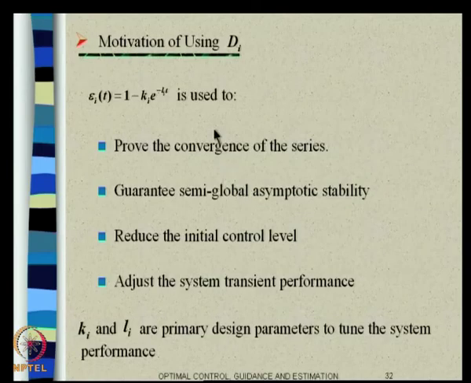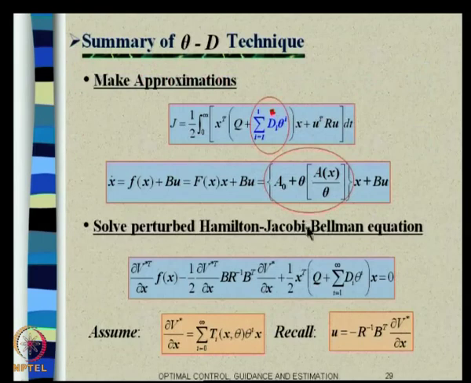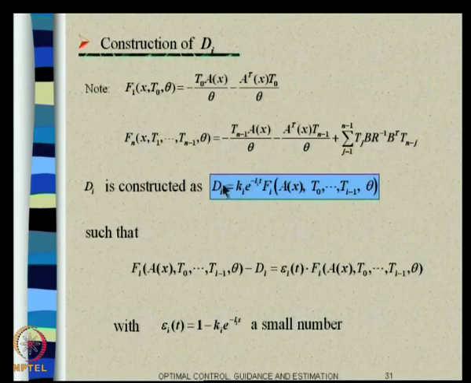So, this term is used to prove convergence of the series. It also guarantees some semi-global asymptotic stability. It reduces the initial control level, that is what I told you already, and it adjusts the system transient performance as well. However, remember this Ki and Li did not come from the series expansion, it was just thought about later.